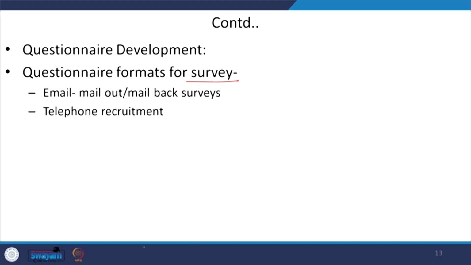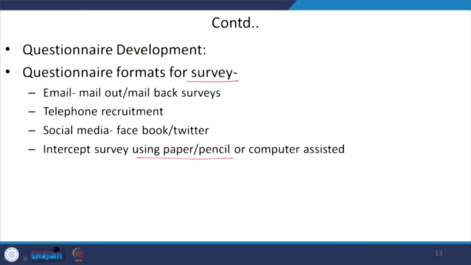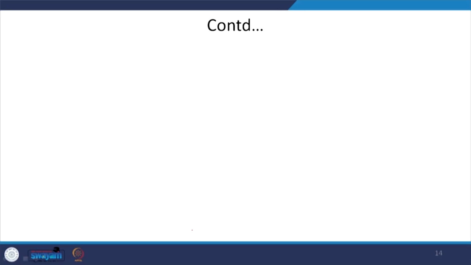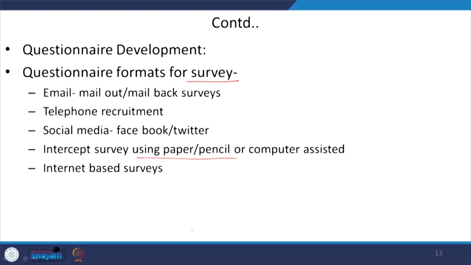It can be telephonic interactions. It can be social media, like Facebook or Twitter, where we post the survey questionnaires and, based on your understanding, you need the responses from them. We can also use paper and pencil or computer-assisted surveys, or internet-based surveys, like a Google spreadsheet that you share with the concerned respondents and get back.